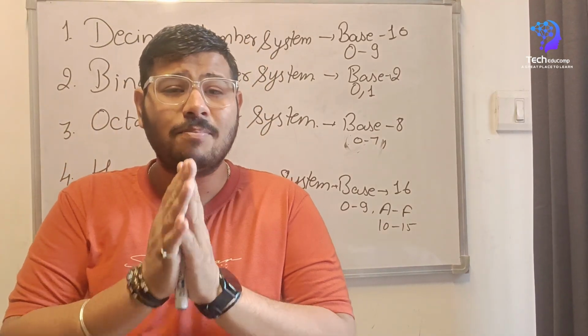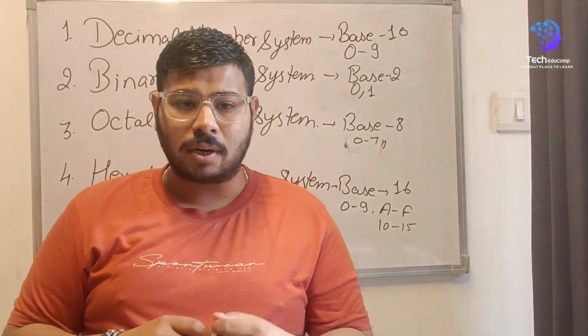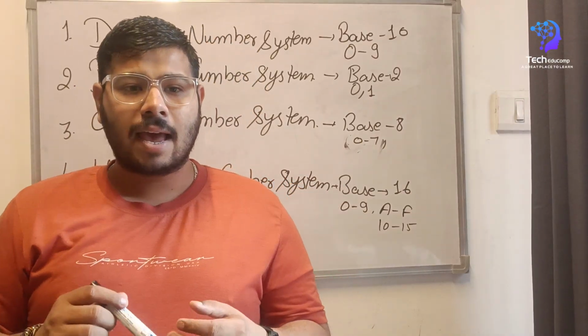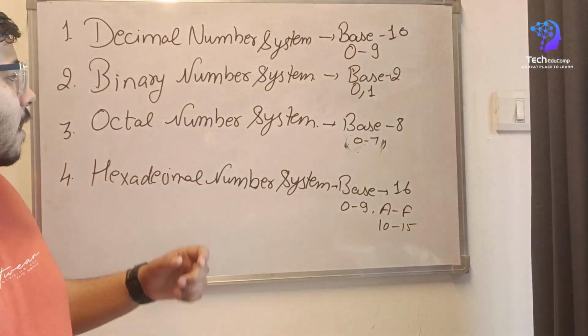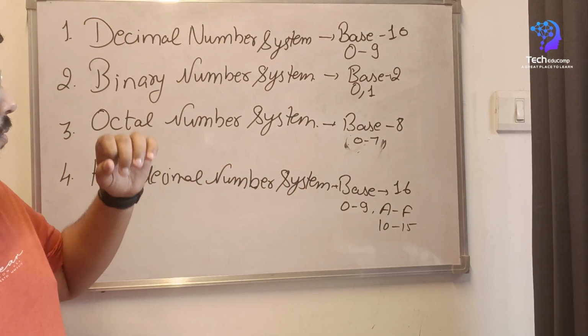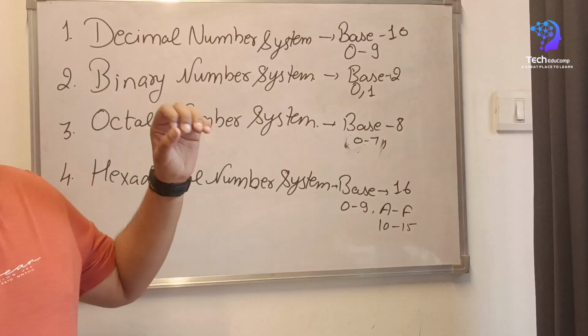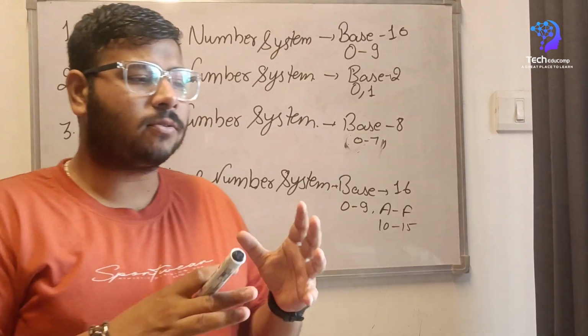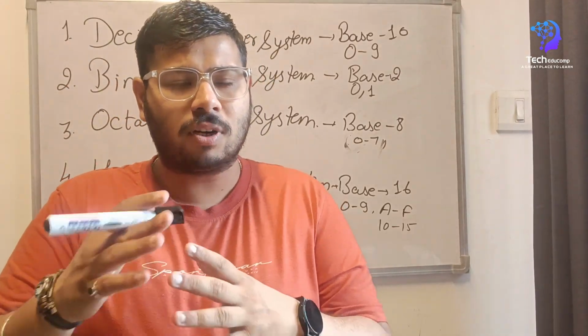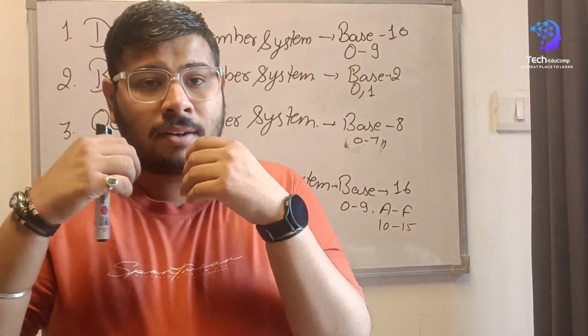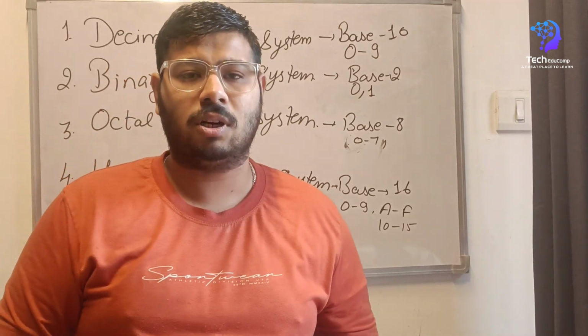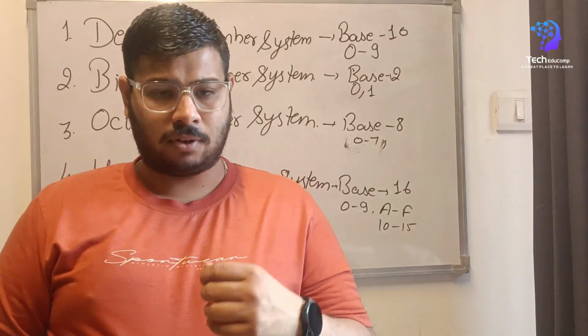It plays a very important role in encoding, error detection, and information storage and retrieval. We have to understand these number systems if we want to move further in digital communication and understand how it works.